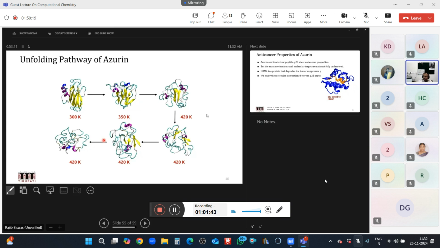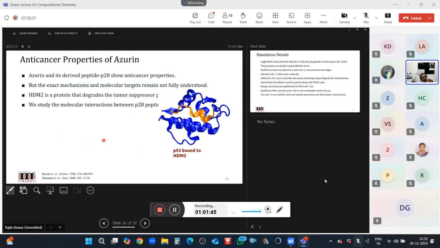Now this protein has also been found to show some anti-cancer behavior.